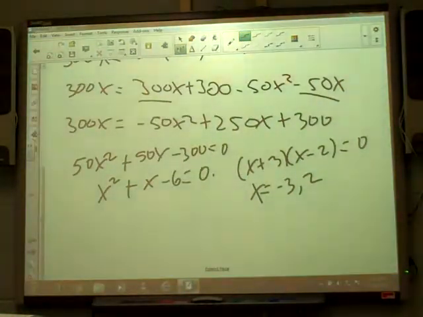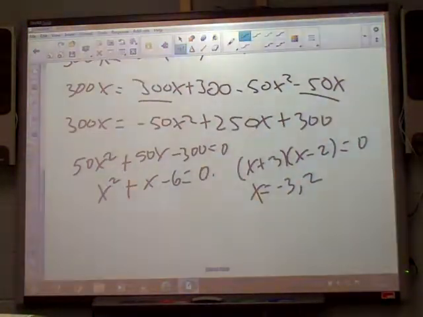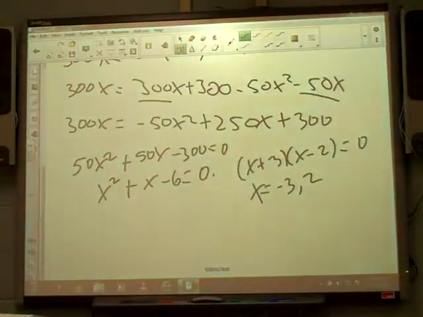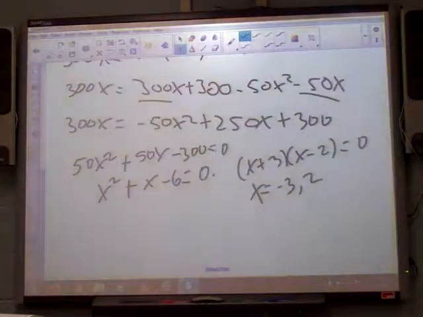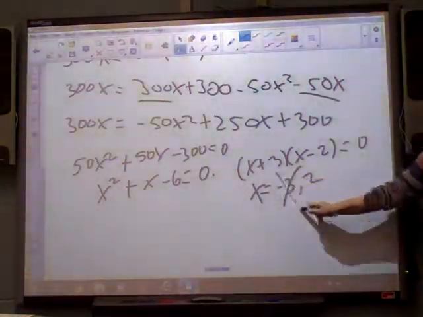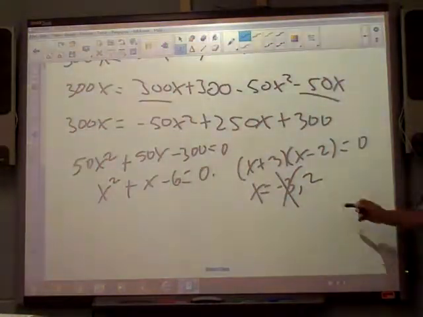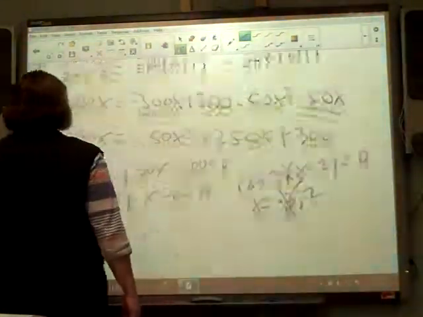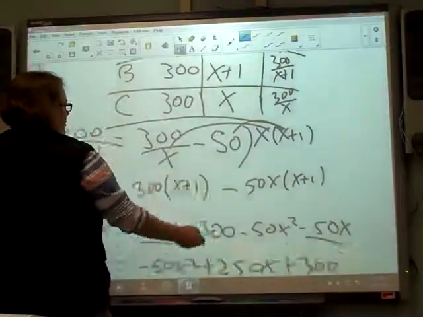You got a good answer and you got a dummy answer. Why is one good? Why is one a dummy? And which one's which? Remember what this whole problem was about? They're racing to get the window seat. How fast are they getting there? Which one's your dummy answer? Negative 3. We can't go negative 3 miles an hour. x in my original chart stood for Cheryl's speed.